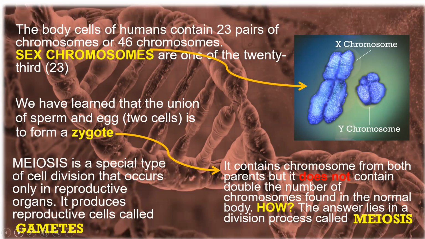Remember this, meiosis is a special type of cell division that occurs in the reproductive organs of both parents, male and female. Then it produces reproductive cells, and we call them gametes. Sperm and eggs are called gametes.